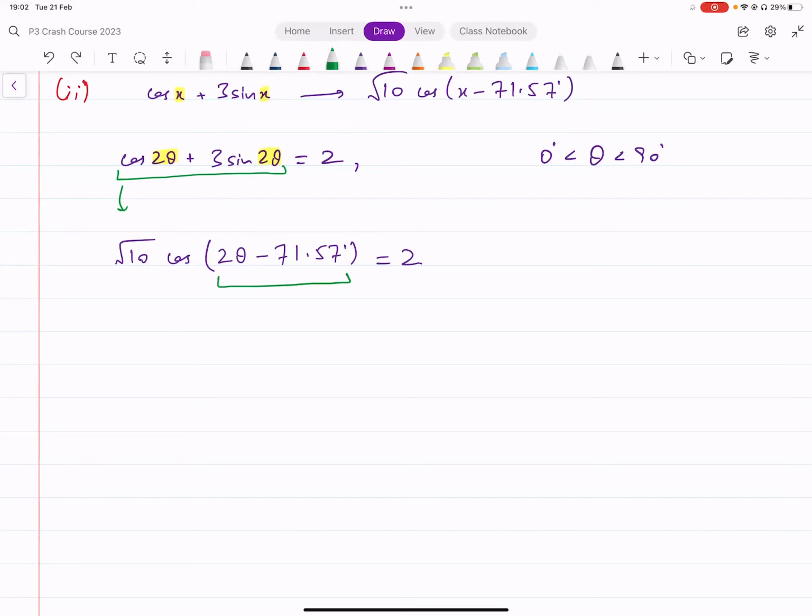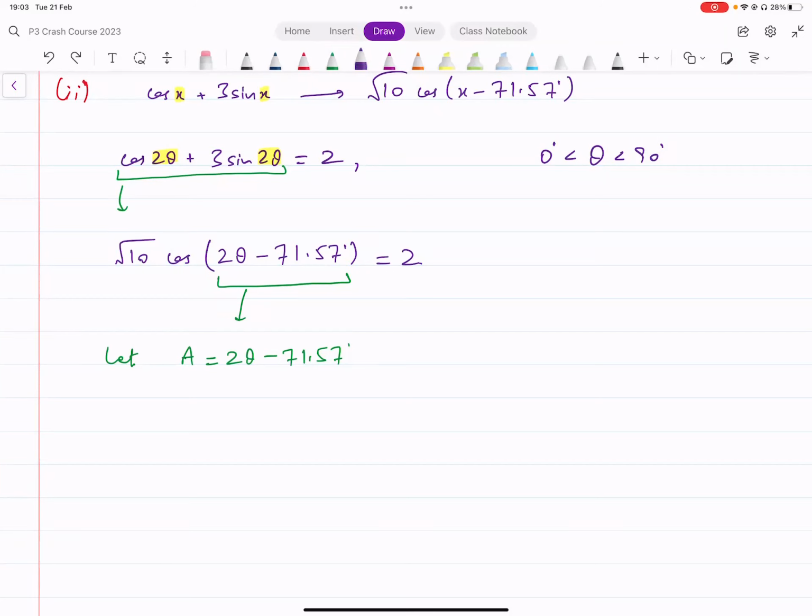One possibility is that you substitute whatever is written inside this whole angle with another variable, and you're going to find this the easier method in most situations. Use any letter for that. Let's say let a equal 2 theta minus 71.57. So use this substitution: whatever is inside here, this whole angle, replace that with another variable.